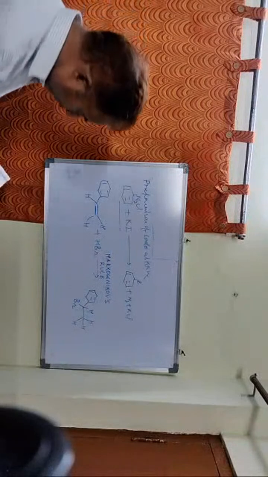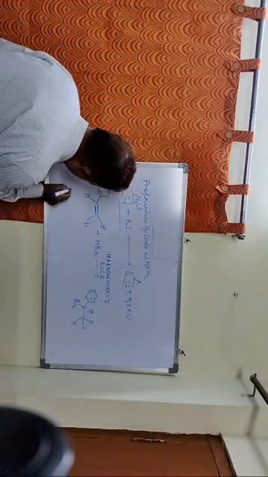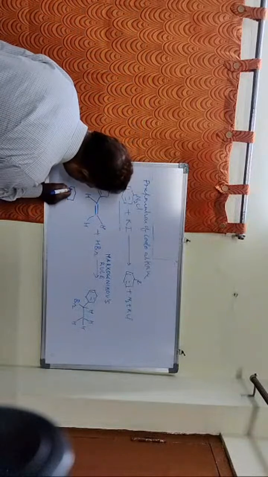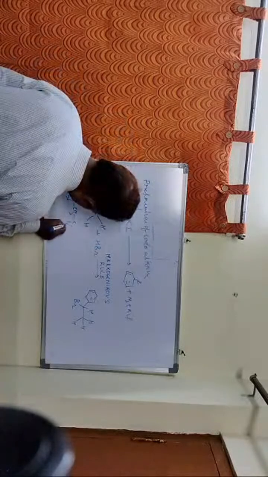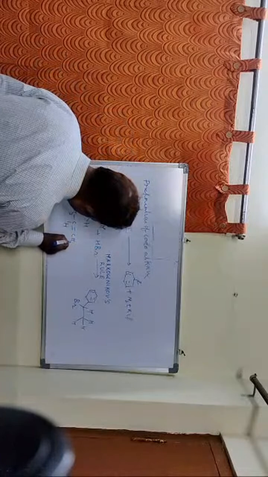Now let us see one more question of this type. Here it is, benzene ring, CH2CH double bond CH3, CH2. So here HBr, and of course here it is mentioned peroxide. As peroxide is mentioned, it is understood that anti-Markovnikov's rule should be followed here.